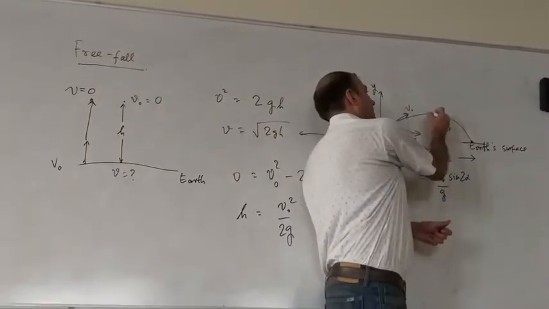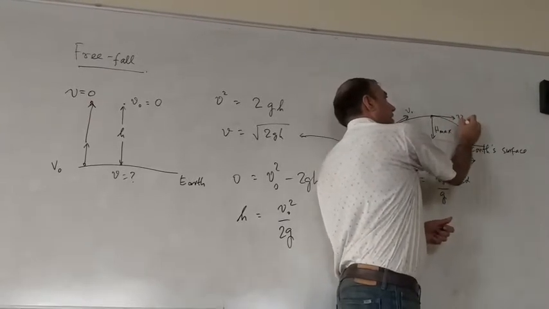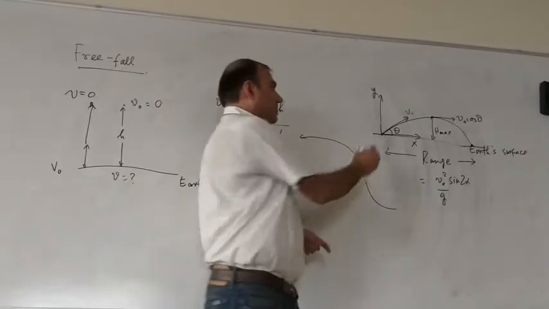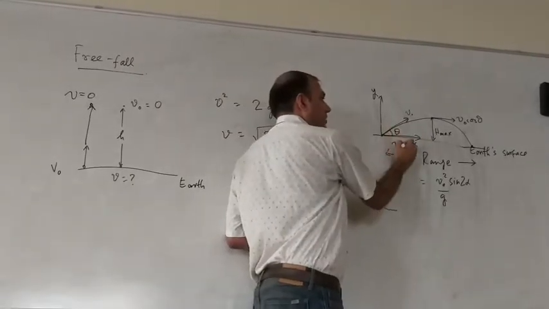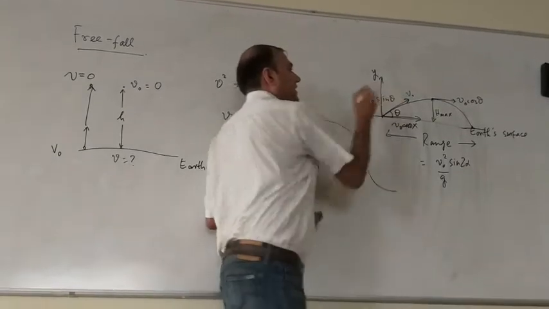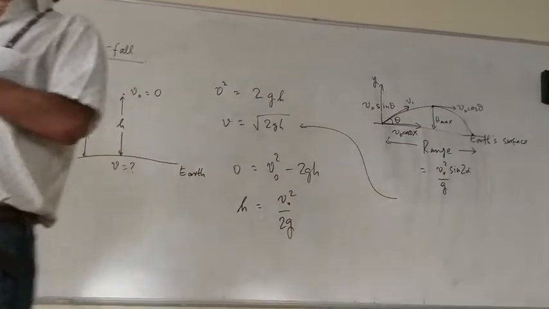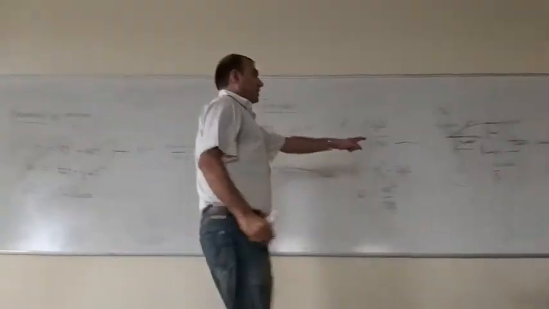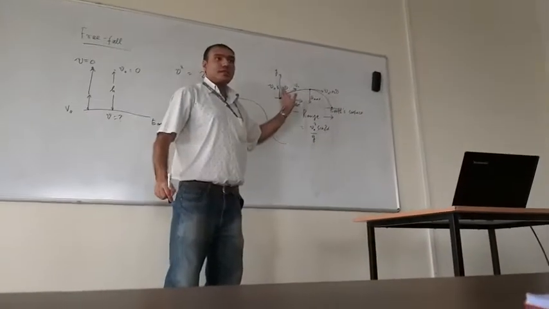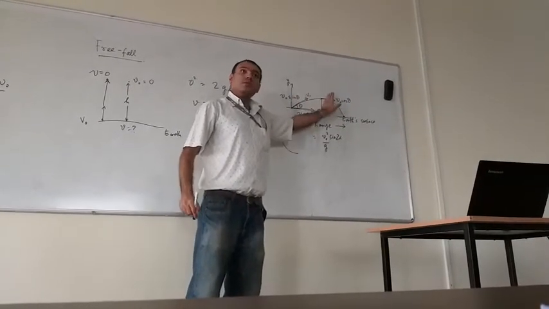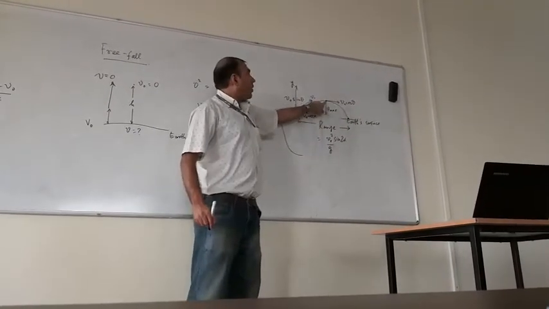So here, it's still maintaining its horizontal velocity of v naught cosine theta. Initially it was v naught cosine theta, and the vertical component was v naught sine theta. But since gravity points only in the y direction, the x component does not change. It is unaffected, so it continues with the velocity of v naught cosine theta throughout.